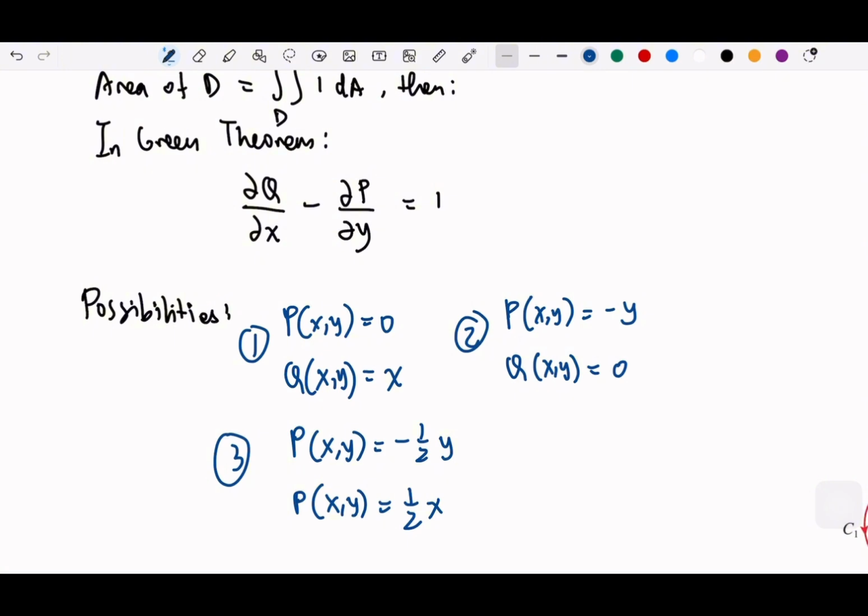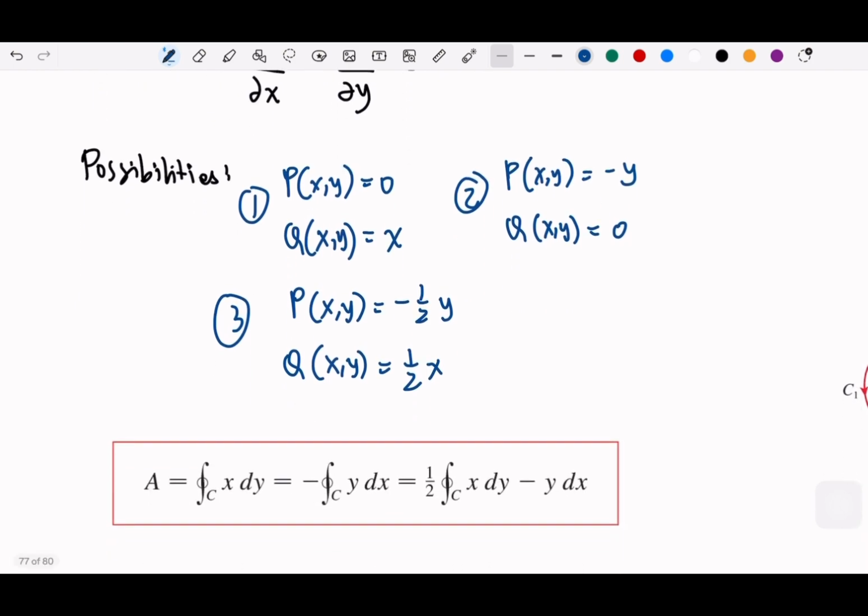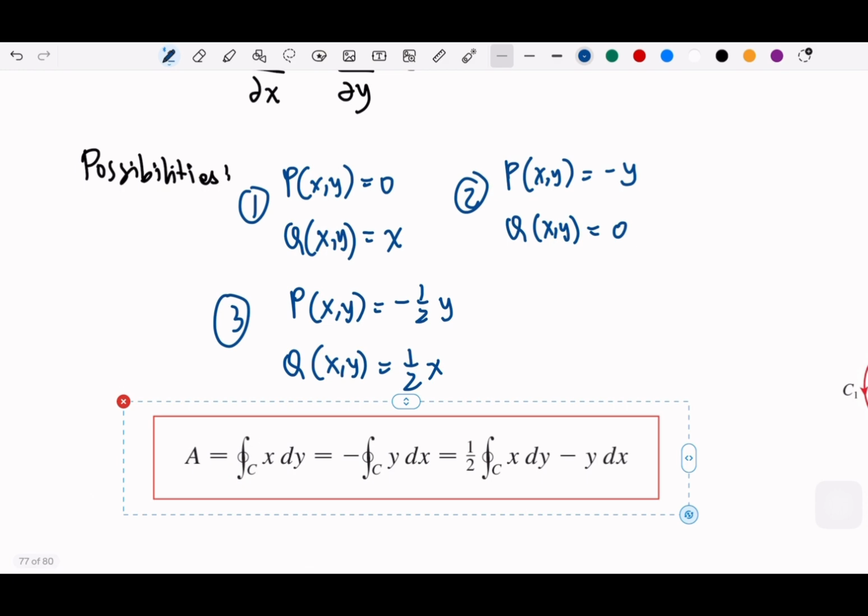Because they are added, they complete each other and get 1. So we could have these three possibilities inside the equation. So we could have the area, the area of D.